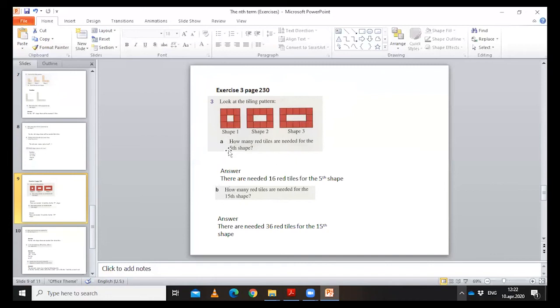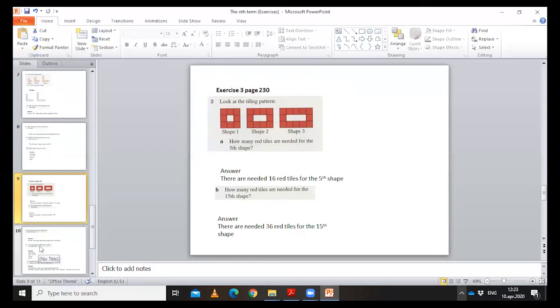The first requirement is how many red tiles are needed for the 5th shape. For the 5th shape, 16 red tiles are needed. For B, how many red tiles are needed for the 15th shape? For the 15th shape, 36 red tiles will be needed.